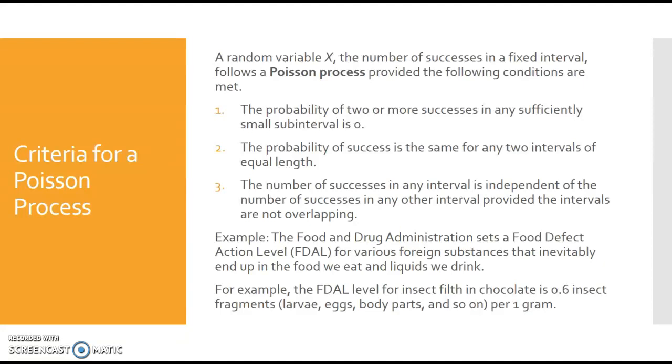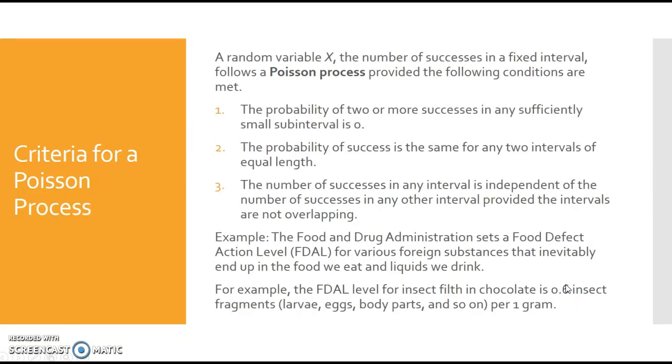So the probability that there are 2 or more insect fragments is going to be 0 in any small subinterval. But the probability that there are insect fragments is going to be the same in intervals of equal length.